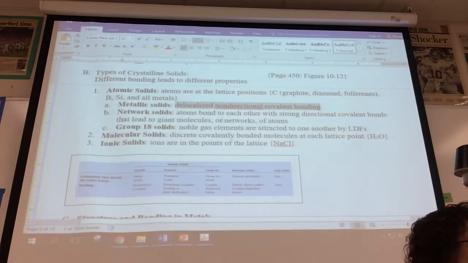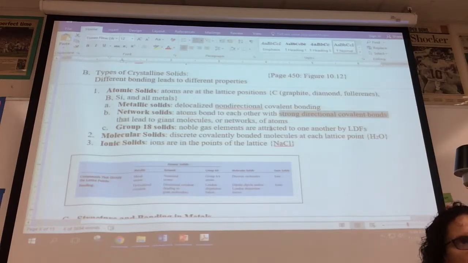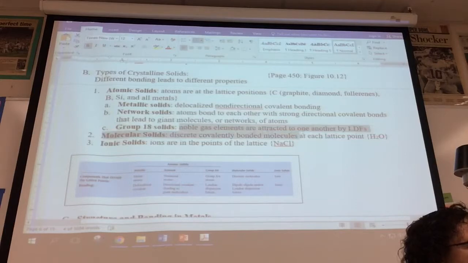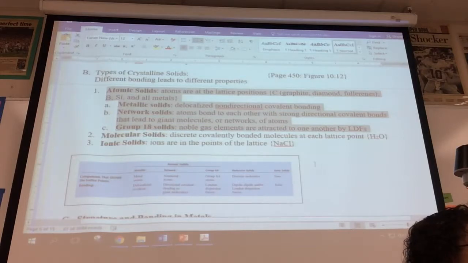We're going to take a look at that delocalized non-directional covalent bonding. We're going to look at network covalent solids where you have atoms bonded to one another, and this is going to be strong directional covalent bonds. For example, diamond, quartz, graphite. Those are the main ones. We also have group 18 solids where you have noble gases attracted to one another by LDF. So those are your atomic solids, and we'll be taking a look at that.